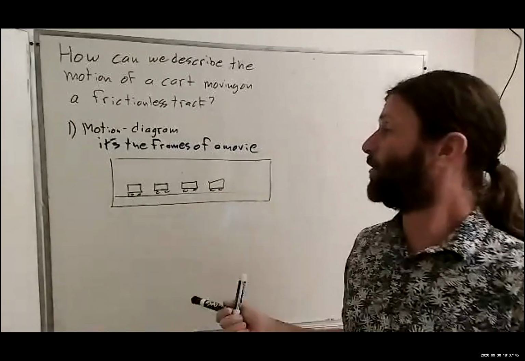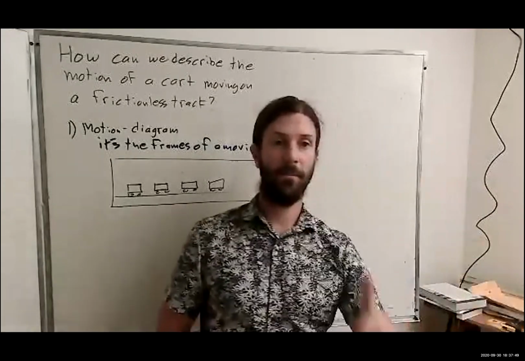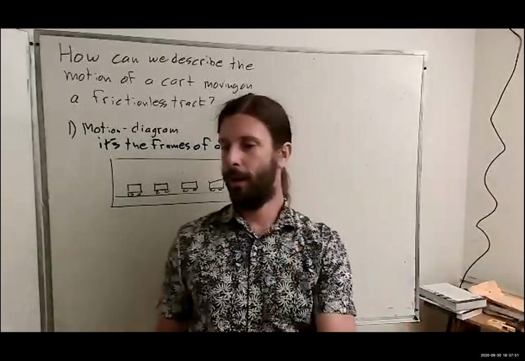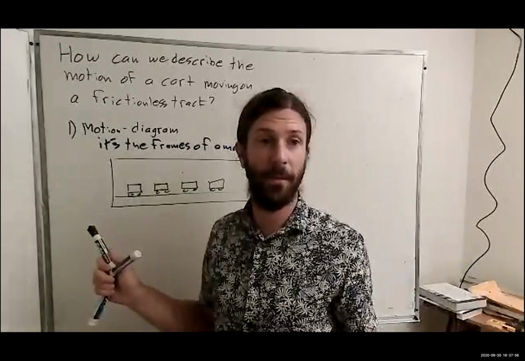So that's one way to describe the motion, right? If you saw this guy moving, you could pull out your phone, make this image, and that would be a really great way of describing the motion of the cart.